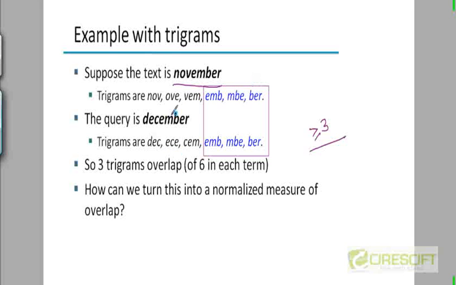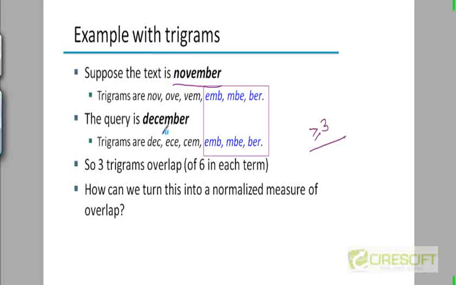And we're going to compute the Jaccard coefficient between these two sets. And if the Jaccard coefficient ends up being approximately close to 1, then we are going to say that the query and the lexicon term have a good overlap.